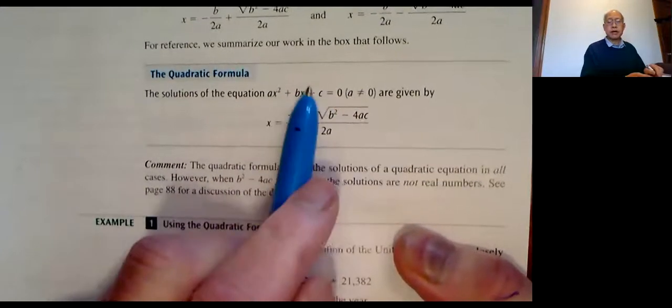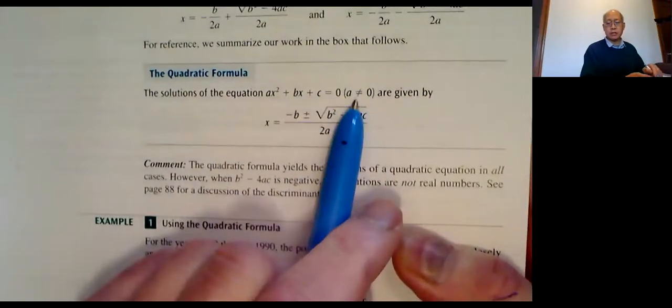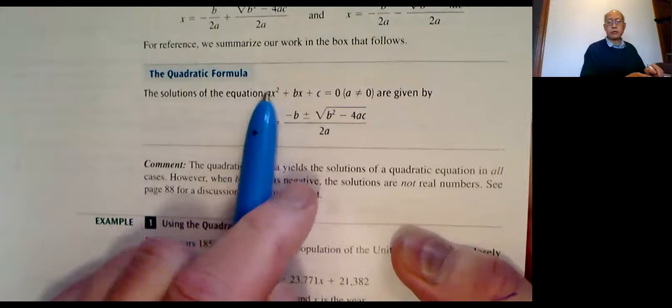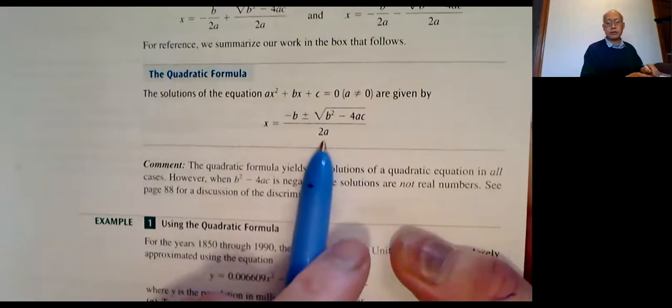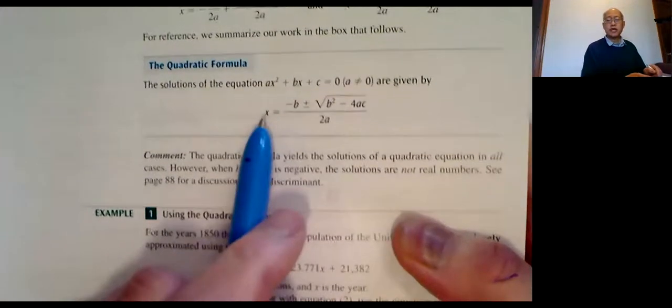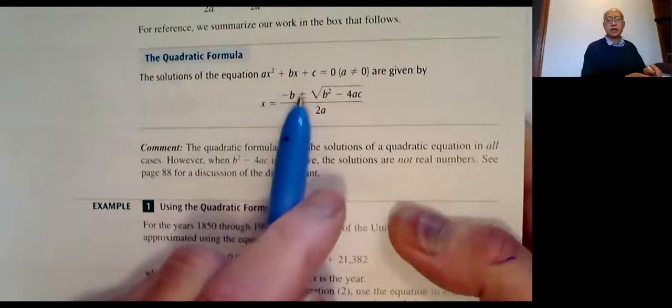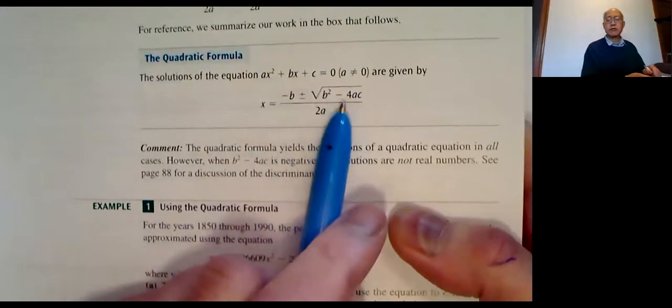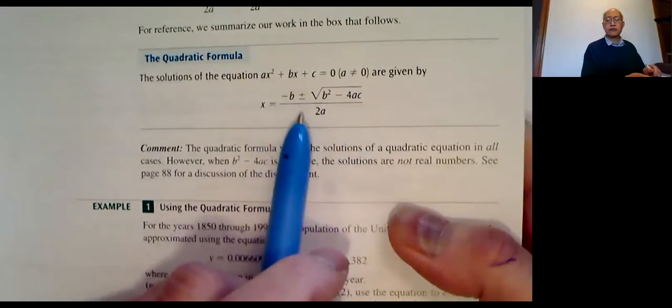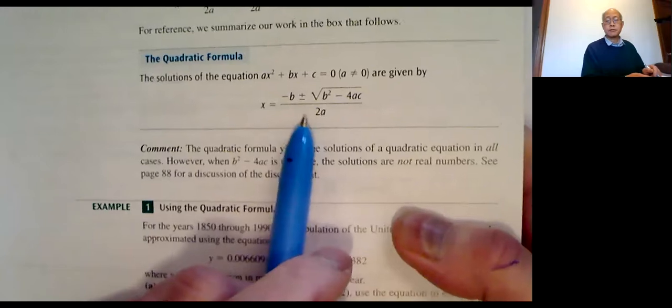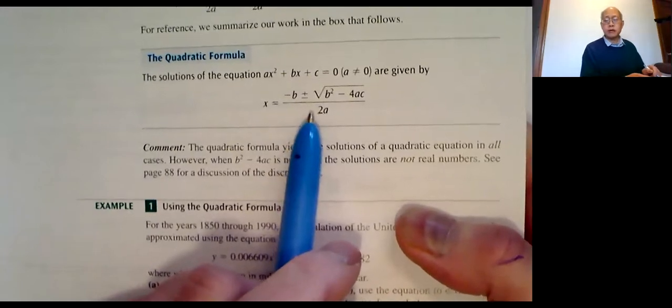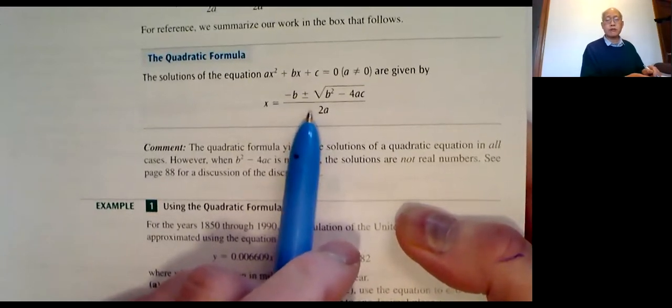If it doesn't look like this, make it look like this. And a is not allowed to be 0, otherwise you don't have a quadratic formula. And by the way, you wouldn't be allowed to divide by 0. You've seen this before, hopefully. X is negative b plus or minus the square root of b squared minus 4ac all over 2a. Fortunately, if you don't have it memorized, you can put it on your formula sheet.